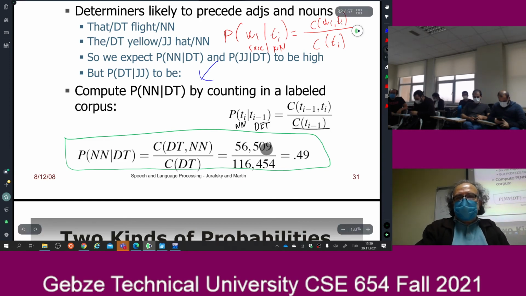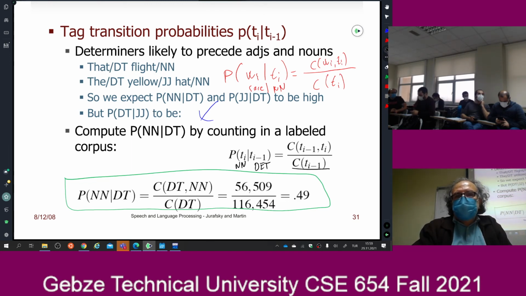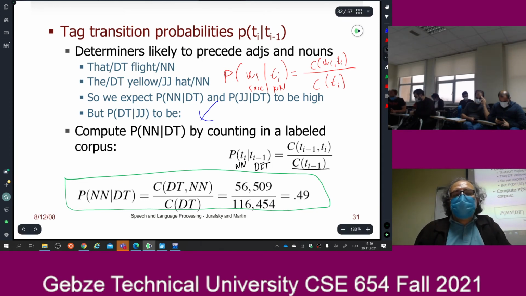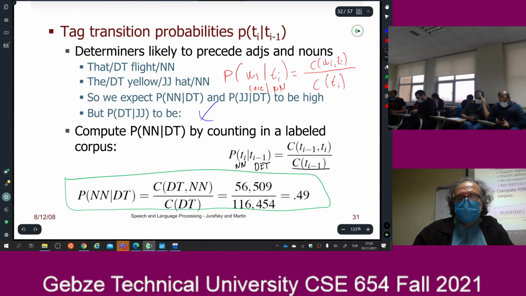So I can calculate these transition probabilities easily given sentences like that flight, the yellow hat, etc. Seeing all these assignments by hand, I can calculate this using the maximum likelihood estimation.